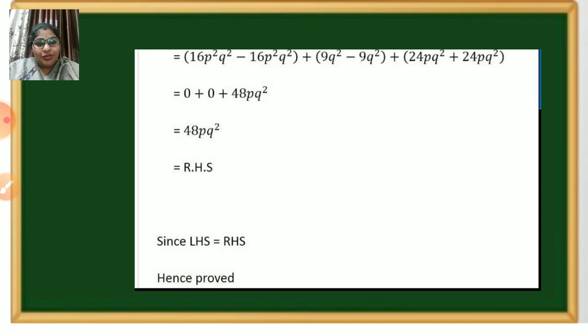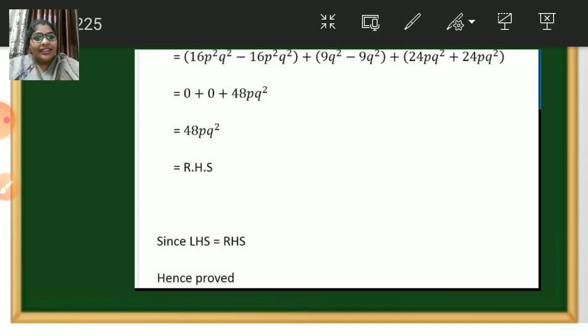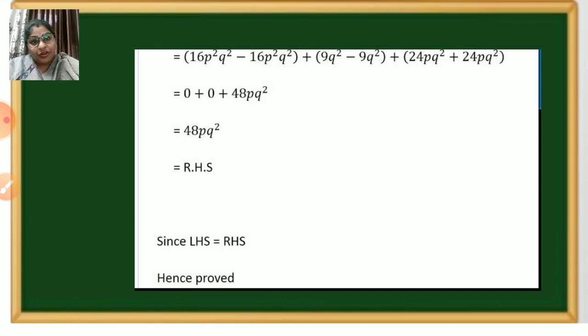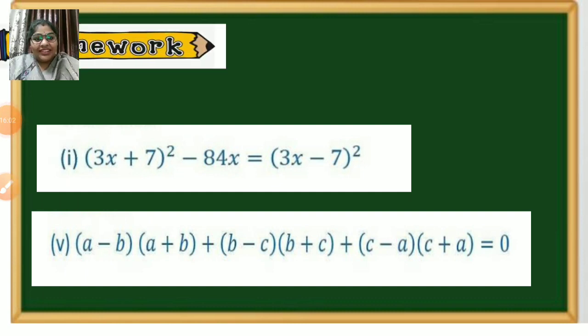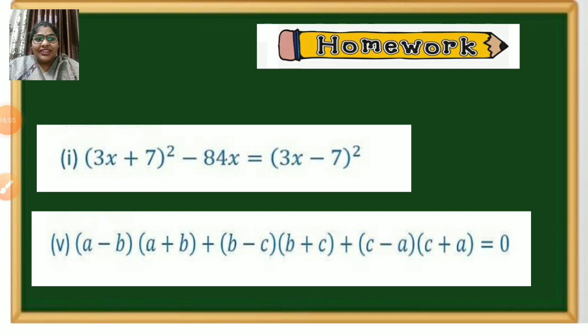So you have to just use the identities, children, very easy. And how to solve algebraic expressions we have already learnt: when you can add, when you can multiply, we have already seen this, right? Now this first and fifth sum is your homework. It is very, very easy, children.